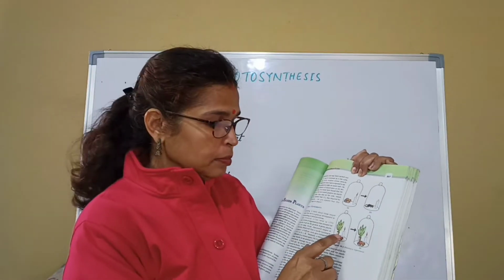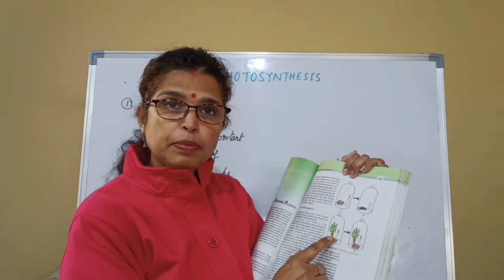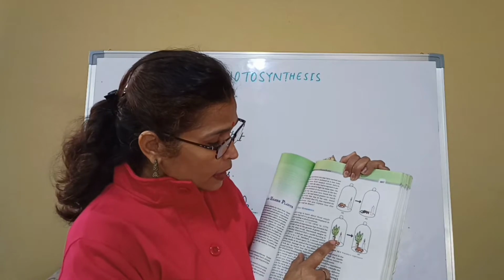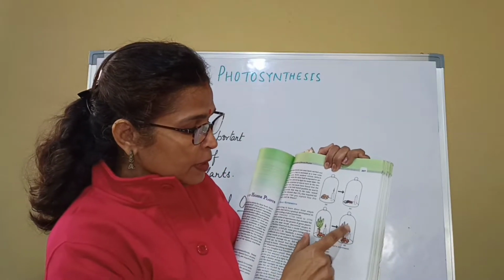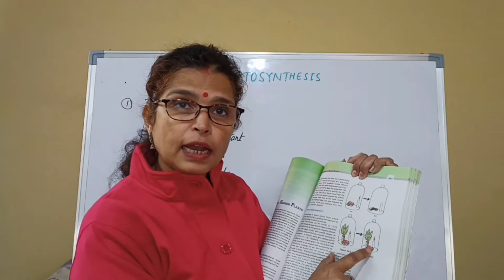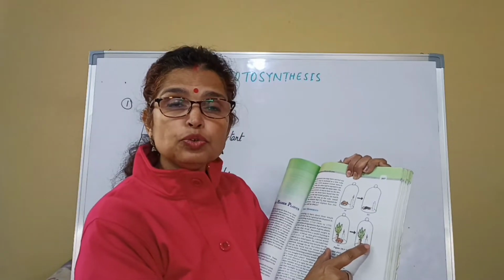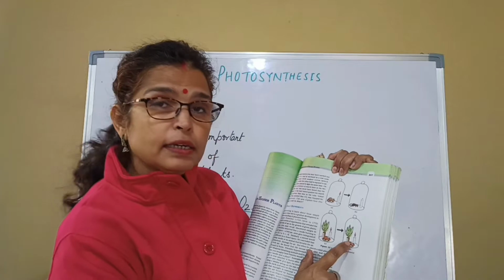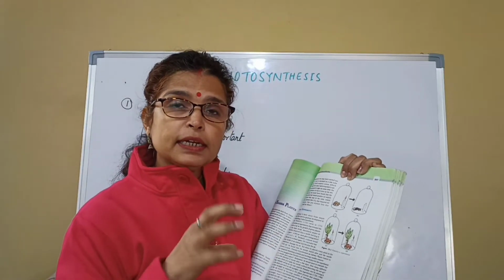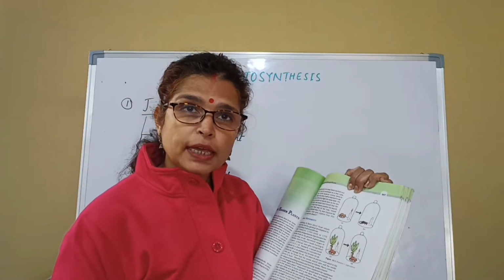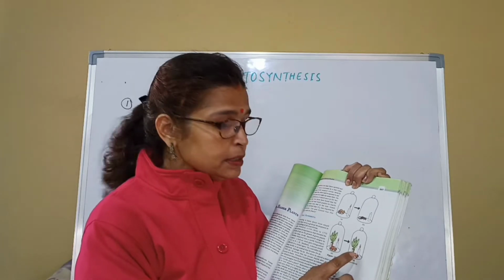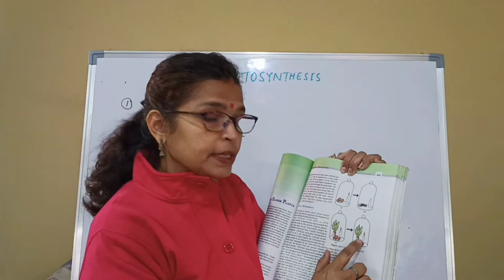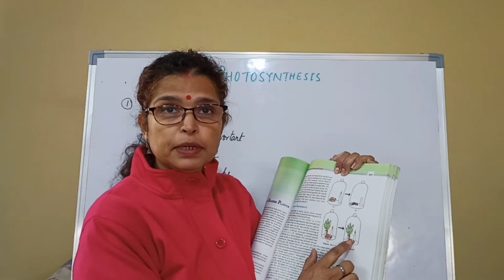In another setup, he placed a green plant with a burning candle and the mouse, and he observed that this time the mouse stayed alive and the burning candle continued to burn. So this shows that the plant prevents the degradation of the quality of the air inside the bell jar. Means because of the presence of the green plant, the air quality is maintained inside the bell jar.